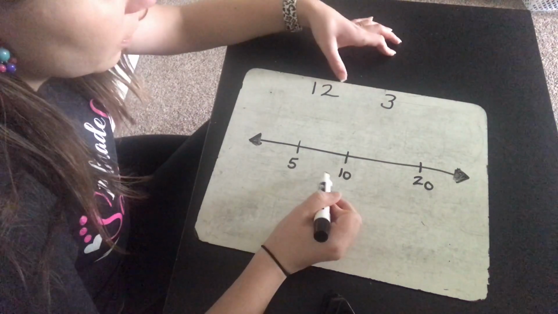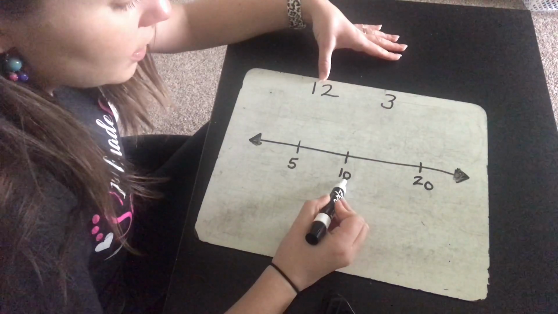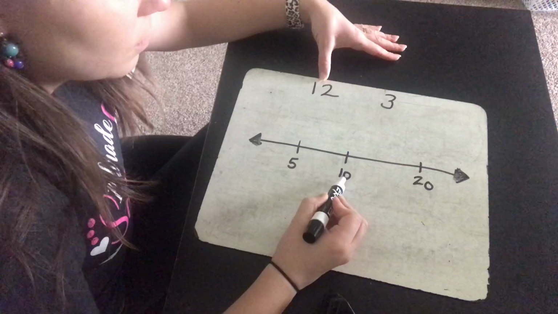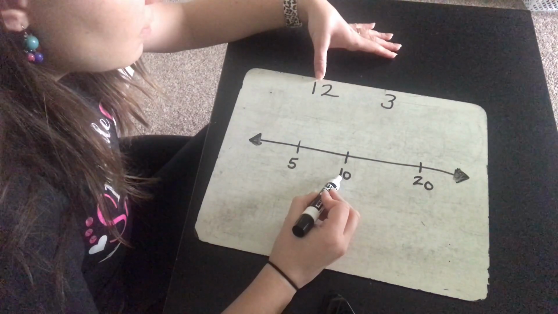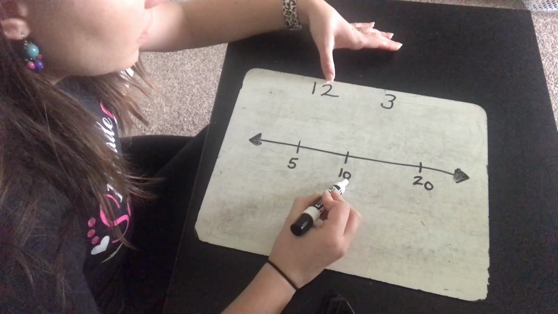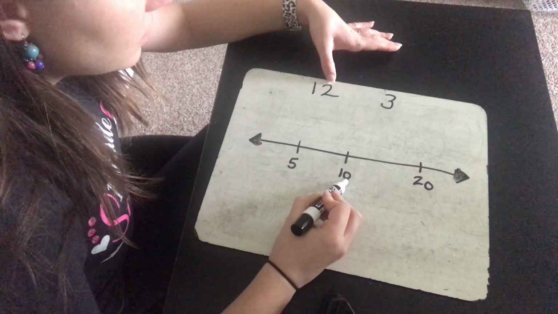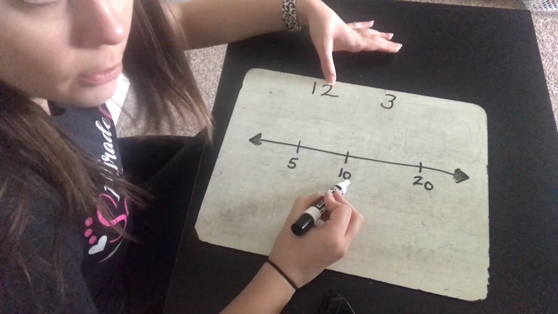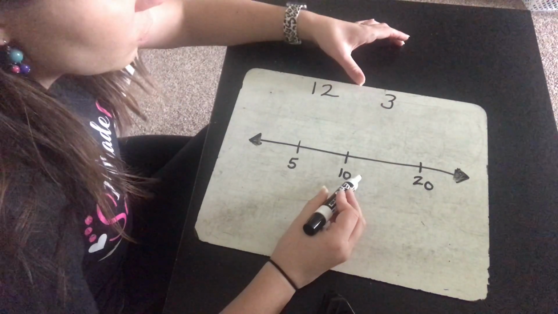So keep on going to 10. Is 12 greater than or less than 10? Well, they both have a tens place. 12 has a 2 in the ones place and 10 has a 0. So I know 12 is greater than 10.